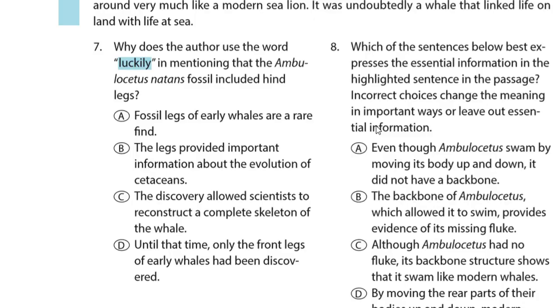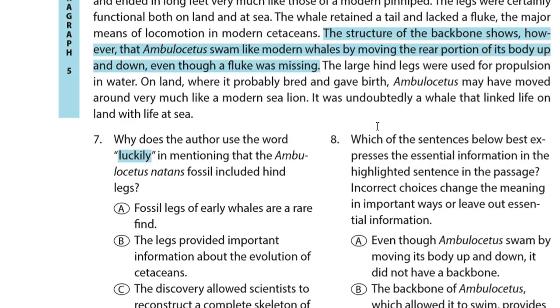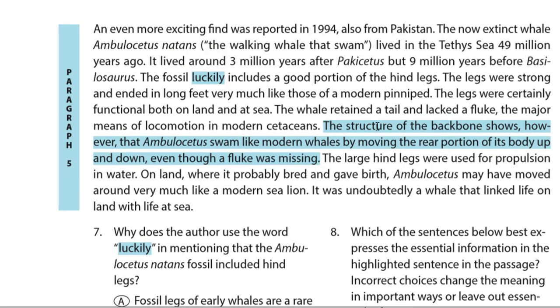Why does the author use the word luckily in mentioning that the Ambulocetus natans fossils included hind legs? Before we answer this question, pause the video and try to answer it, then we will solve it together.